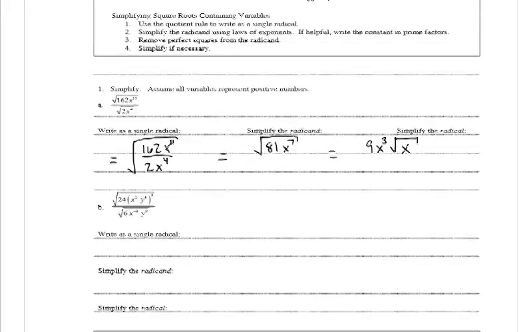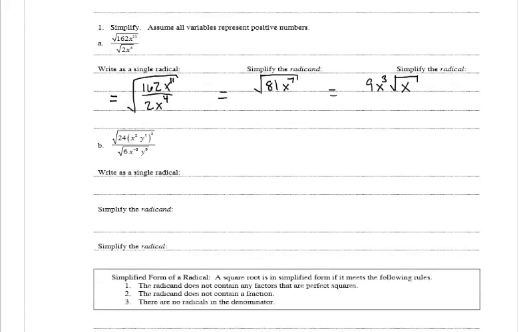In b, we have the square root of 24 times x squared y to the 5th, all raised to the cube, divided by the square root of 6x to the negative 3 y to the 9th. The first thing it wants us to do is write it as a single radical.